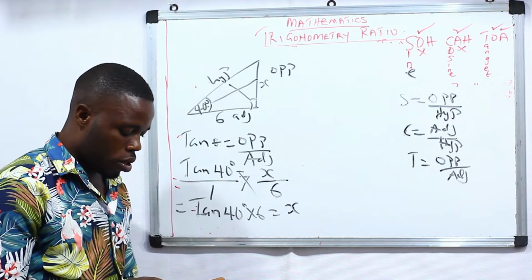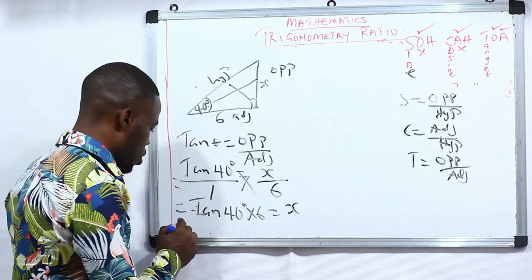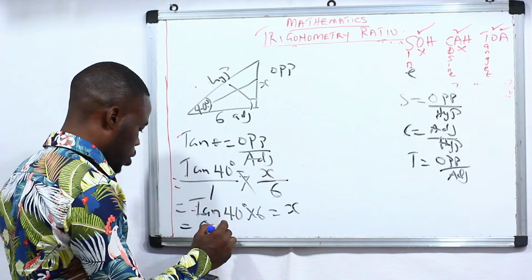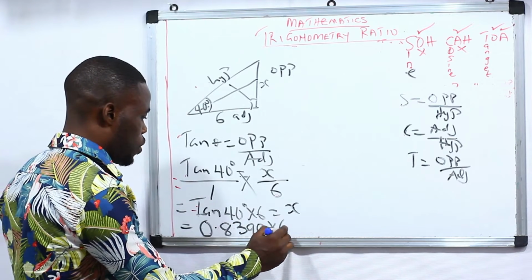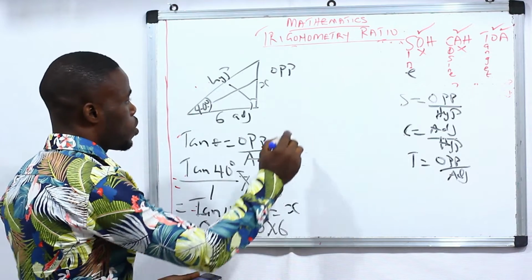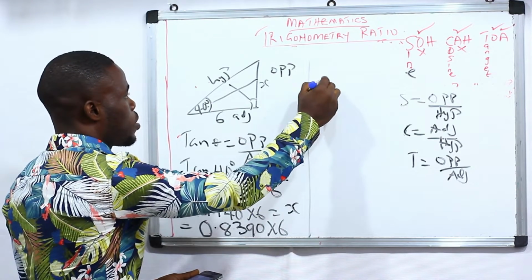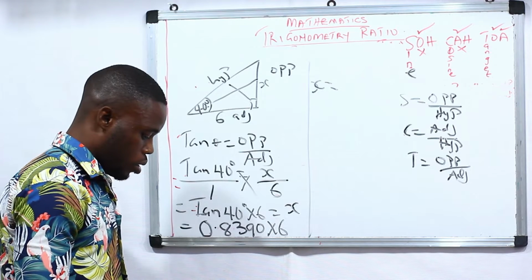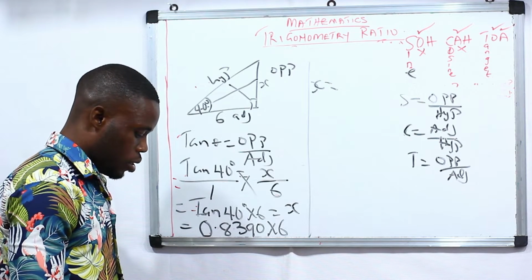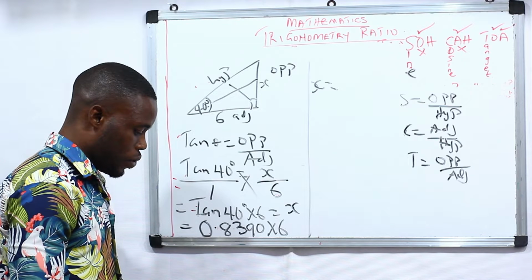So tan 40 degrees is 0.8390 multiplied by 6. Therefore, our x is equal to 0.8390 multiplied by 6.